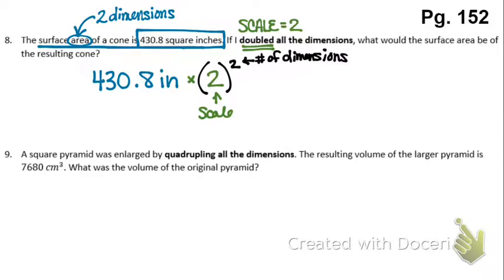So let's pop that into our calculator then and find out what we get. How much is the new, bigger cone? 1,723.2 inches squared. Yes.